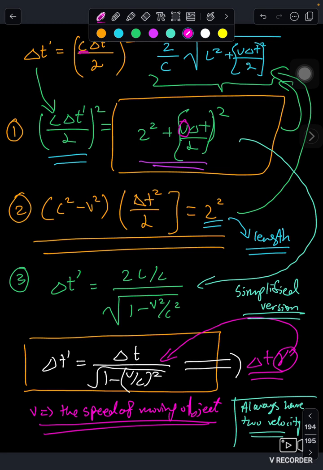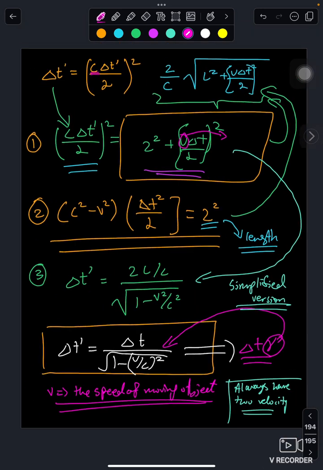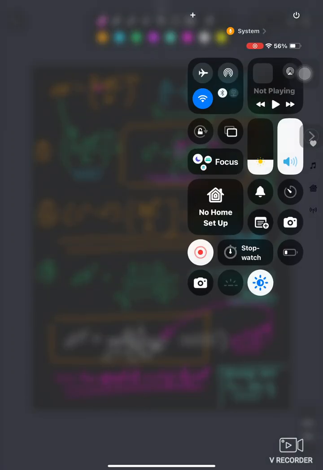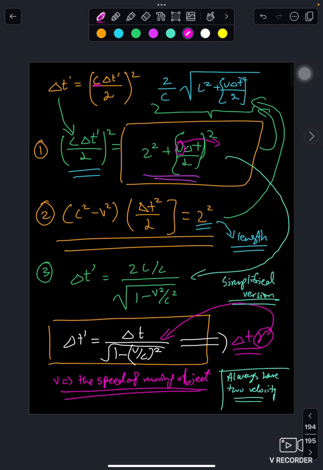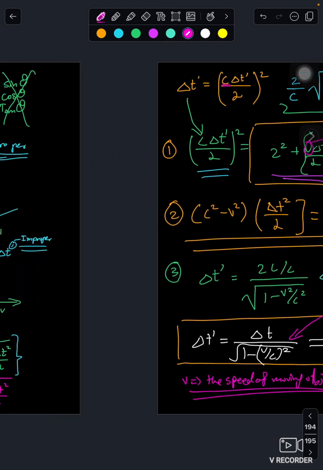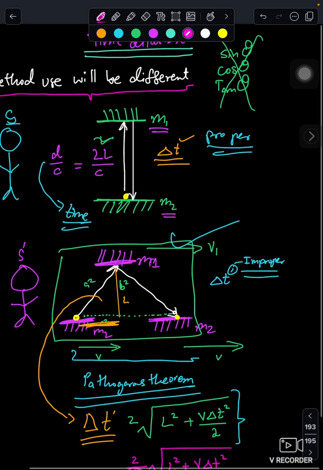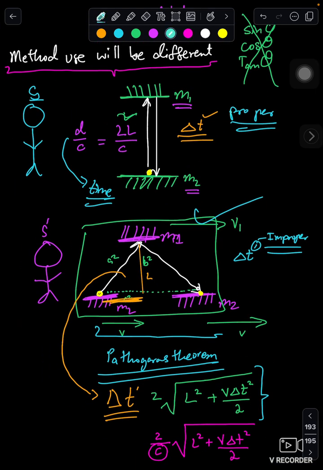Second, speed of the object observing that event, the object who is observing. Everywhere we will have speed of light because speed of light is the common factor in this. Let me think, what else additional information can we have here? Improper.